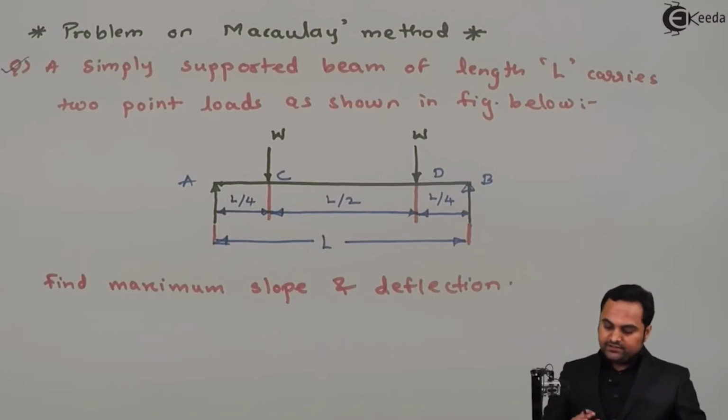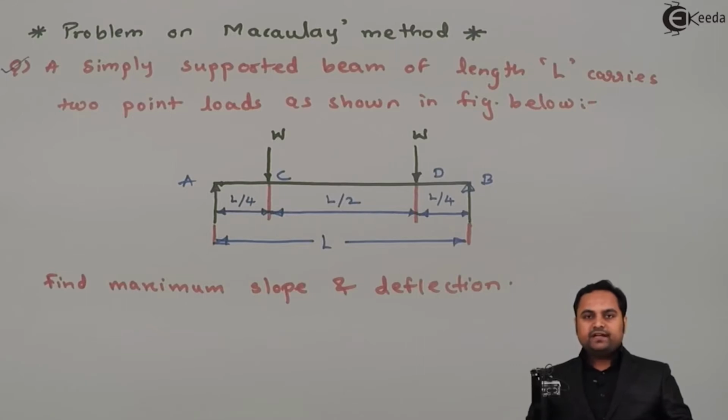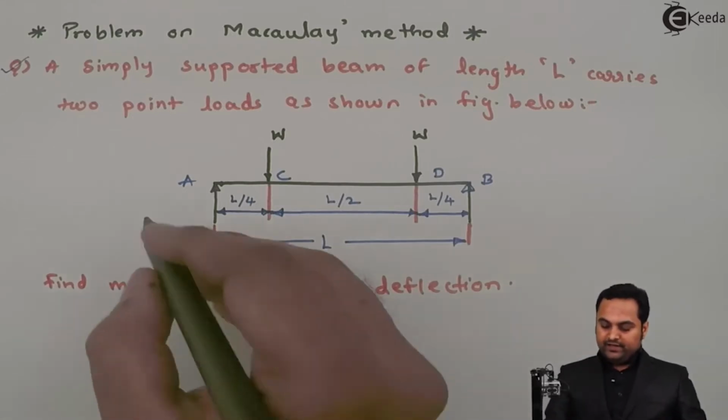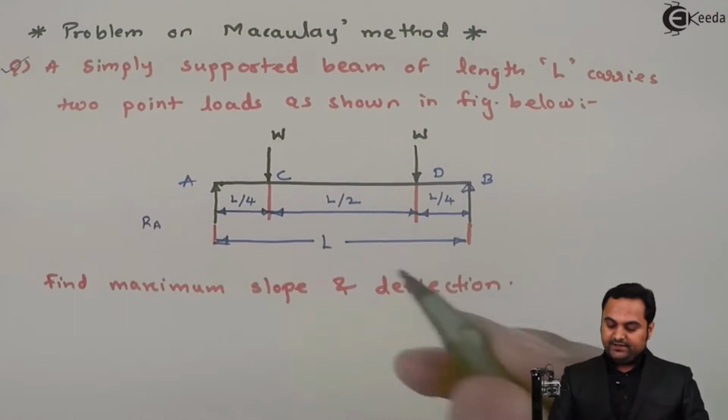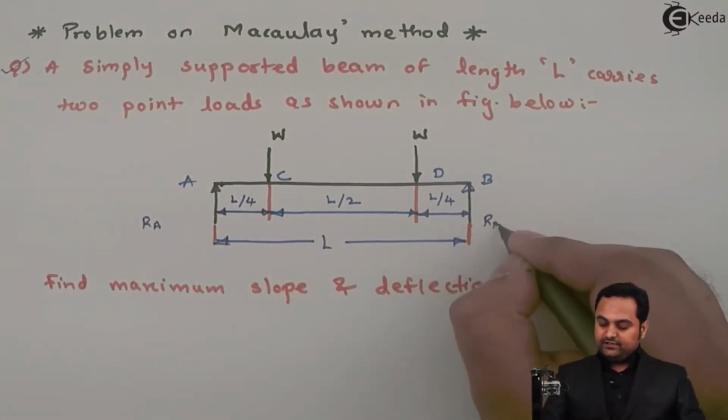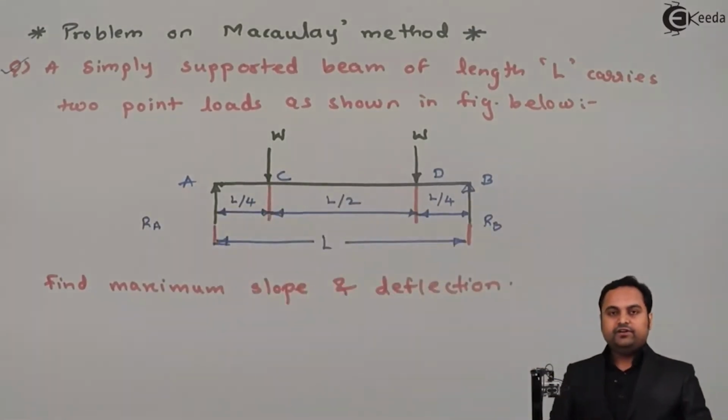So the first step in such problems should be to get the values of the support reactions. That is, the reaction at A and the reaction at B because of the loading, that we have to find out.